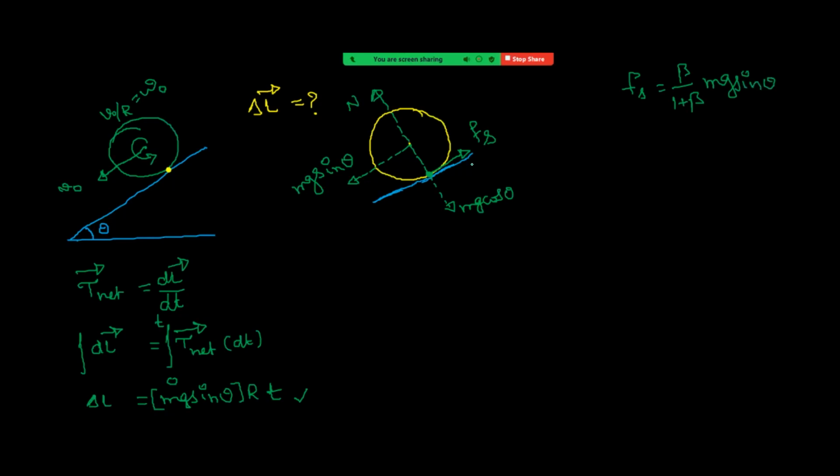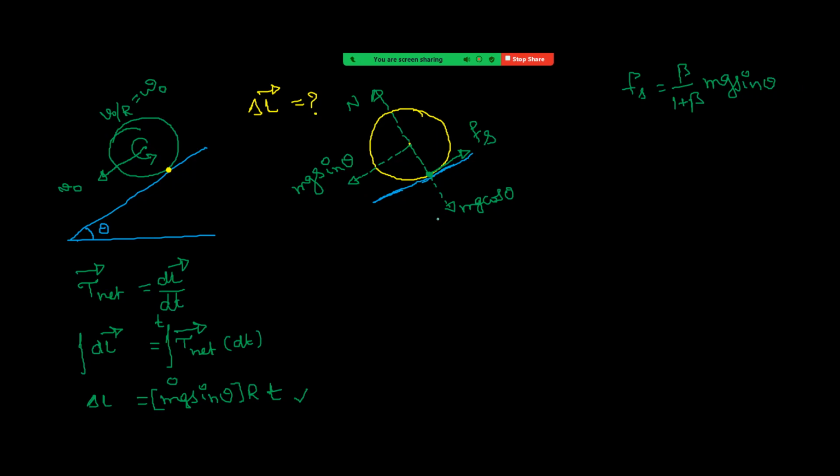If you take torque about the center of mass, then this value into R. That means the torque has changed. Here it is mg sin theta into R, that is the torque into t. Here it is beta by 1 plus beta into mg sin theta into R, that is the torque into t.